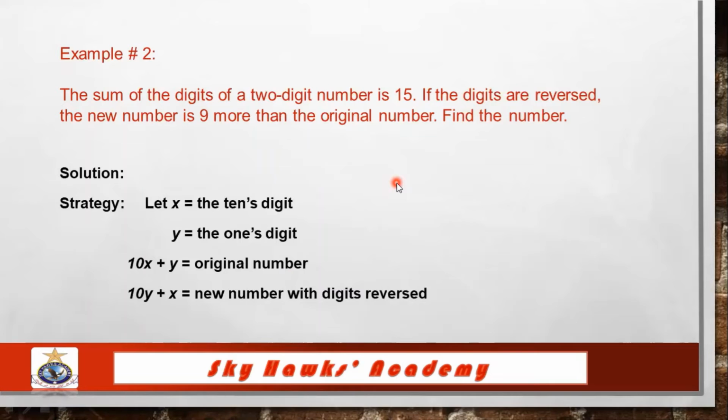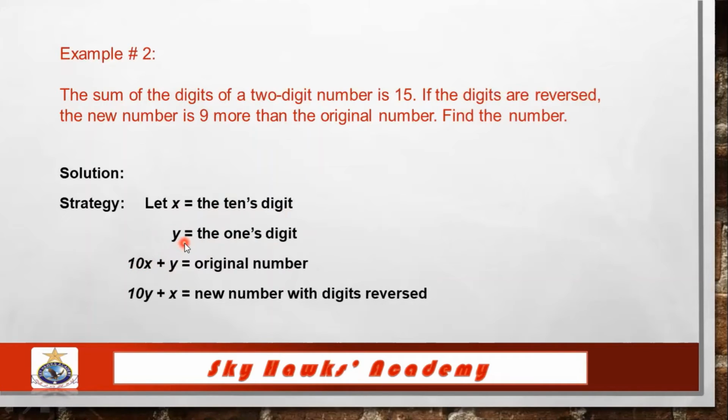So this is the logic behind it. Now let's see the solution. The strategy is that let x be the tens digit, so x is on the tenth place, and y the ones digit. The tens digit must be multiplied with 10, so that's why here x is multiplied by 10.